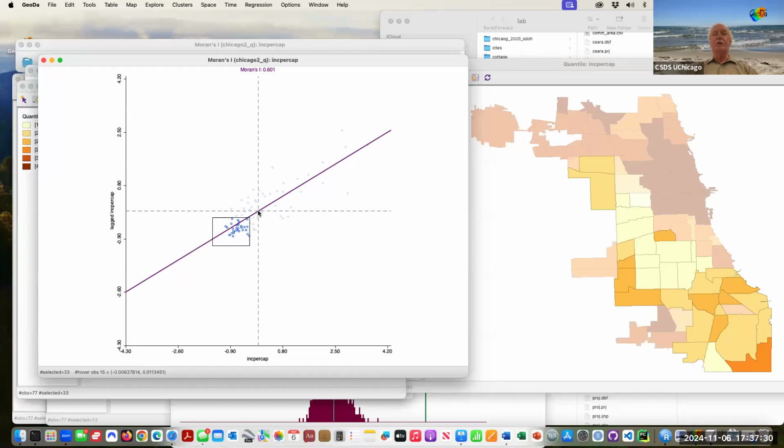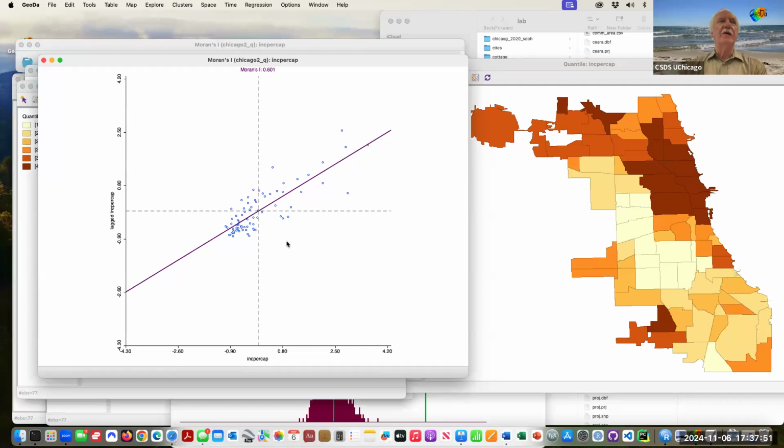So always put it into perspective relative to what that mean is. Rather than high and low, I should say above the mean, below the mean, but it's a little awkward, right? So those are the clusters, high, low.